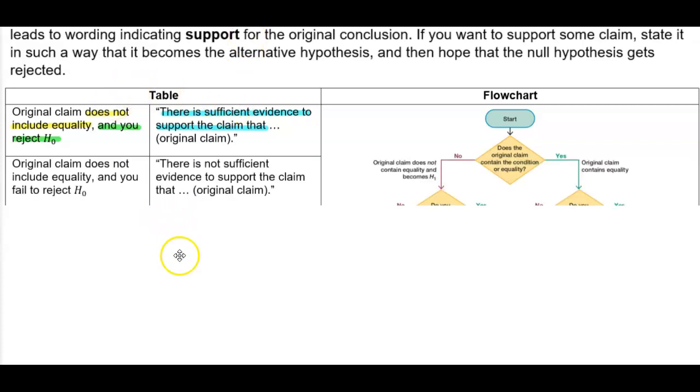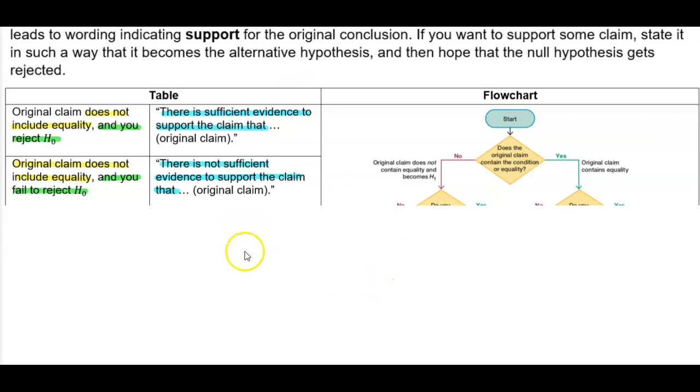The next scenario, let's say that, again, the original claim does not include the equal sign, and this time you fail to reject the null, then we would say that there is not sufficient evidence to support the claim of the original claim.